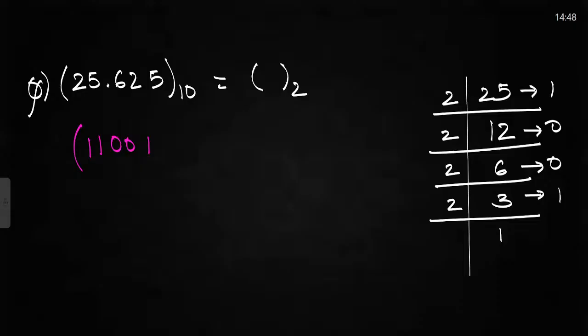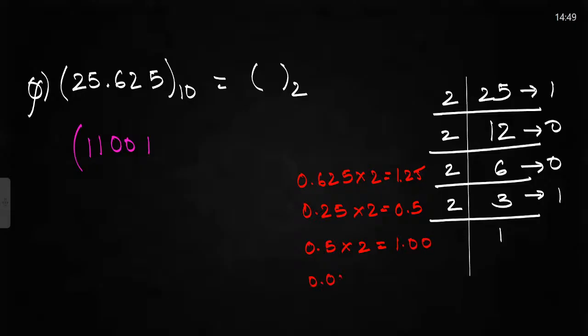In order to find 0.625, here we will multiply by 2. So then how much will we get? 1.25. So after the 1, we will take 0.25 into 2. That will give us 0.5. Then 0.5 into 2, and you will get 1.0.